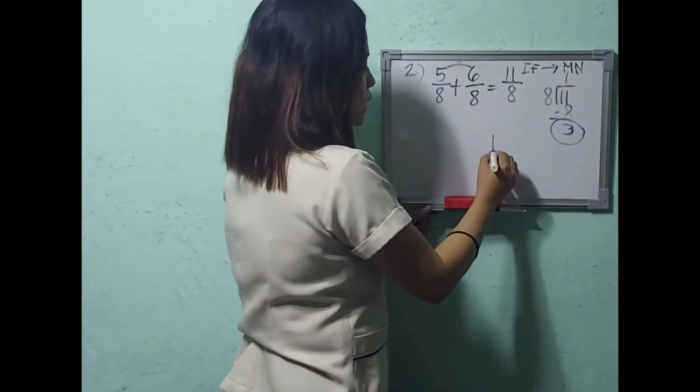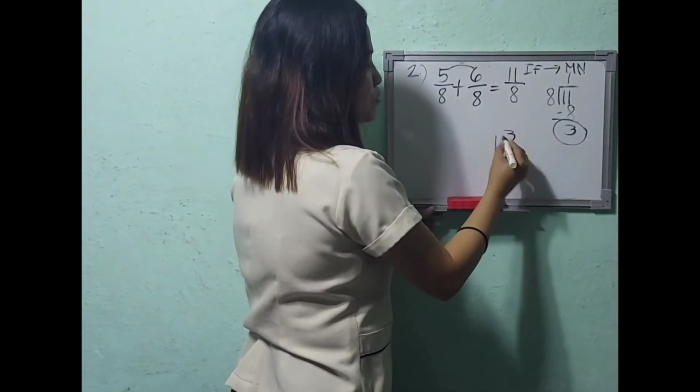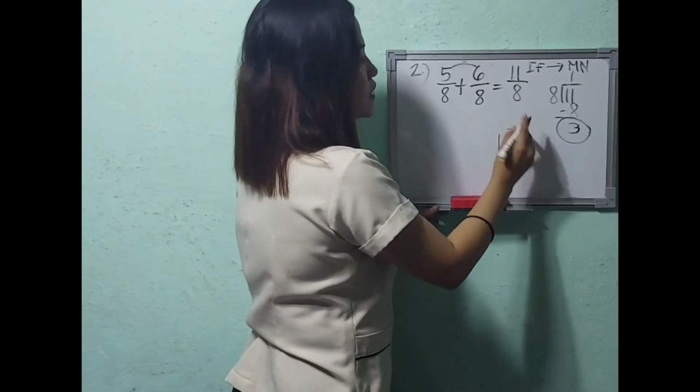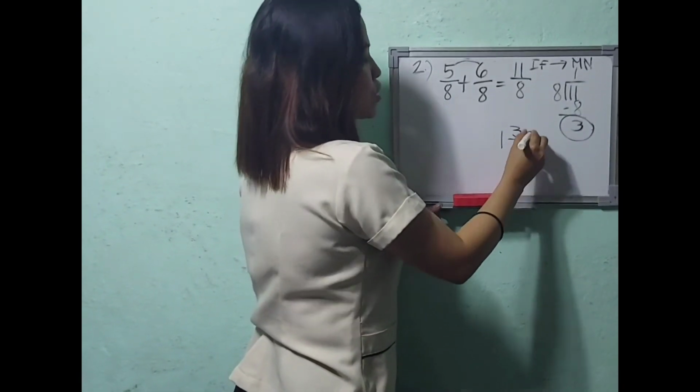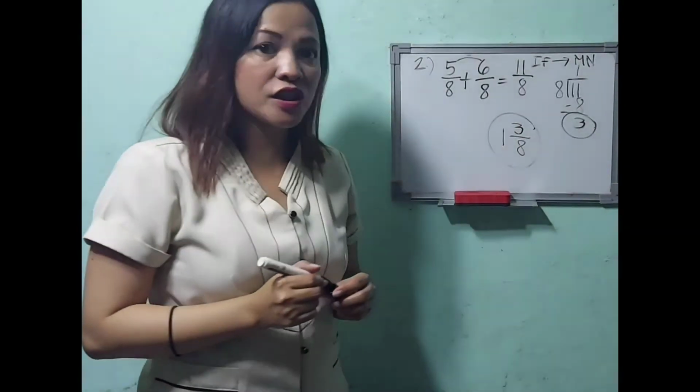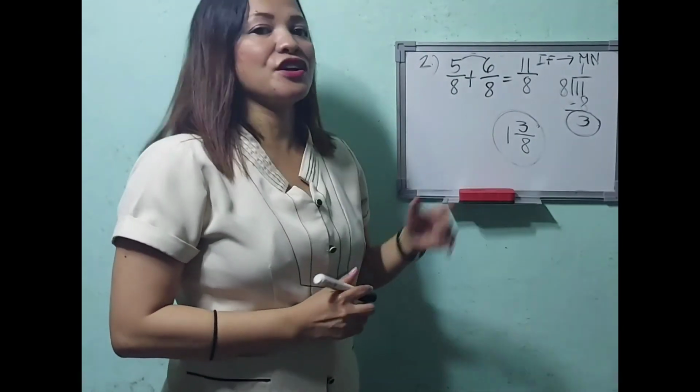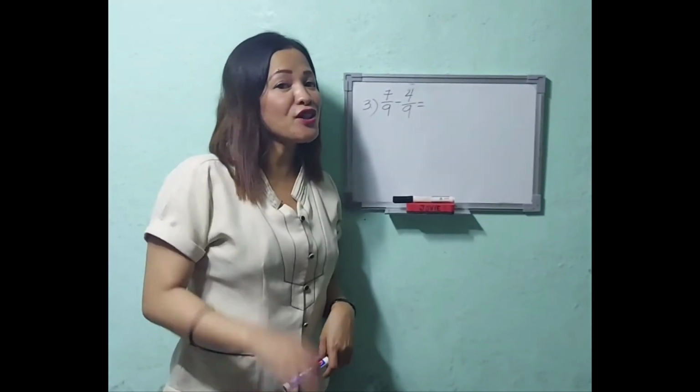So our answer 1, the remainder will become numerator, and still copy the denominator. So our final answer is 1 and 3/8. Example number 3.